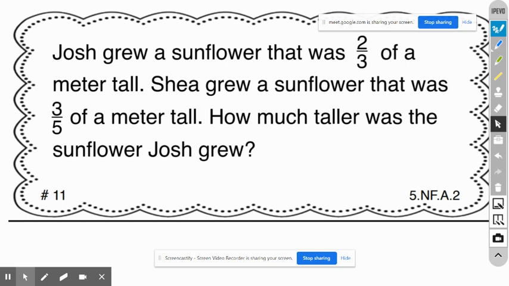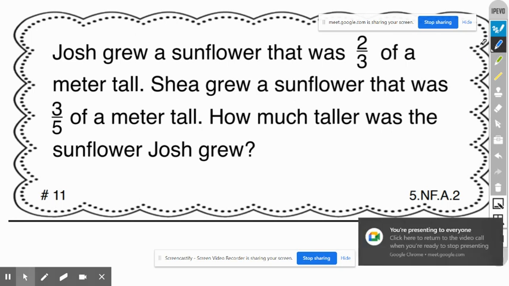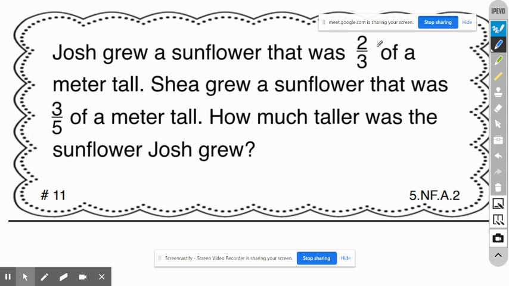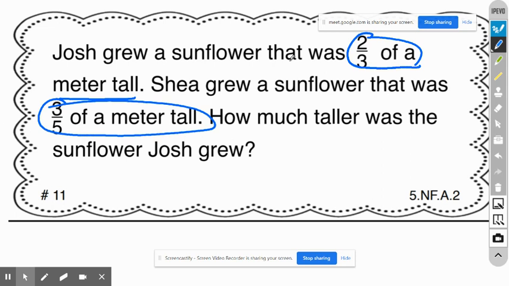I'm saying things here as I read. Yanizel, what operation do you think we are using? How did you figure that out? It could be. Say it again. Okay, so here I have his was 2/3 of a meter tall, and hers was 3/5 of a meter tall.